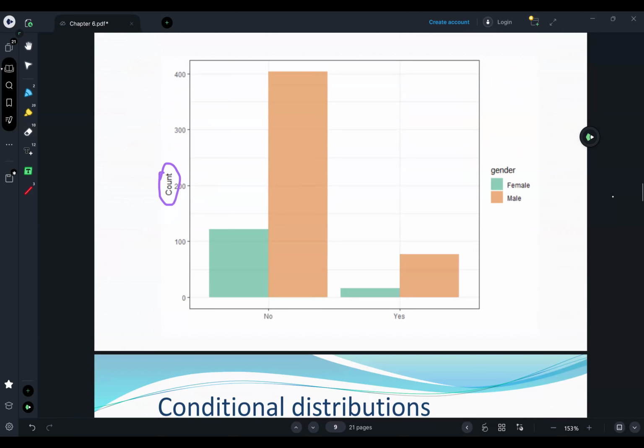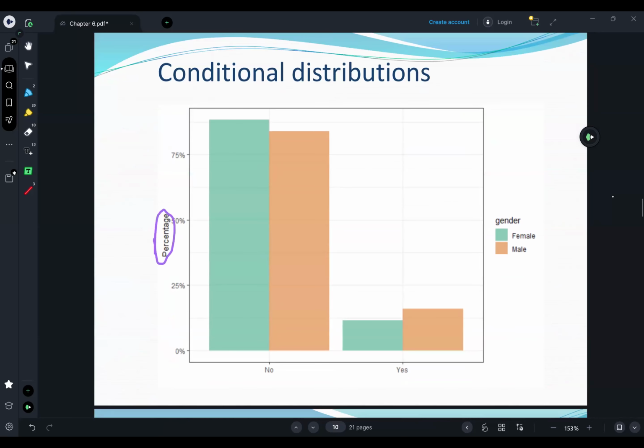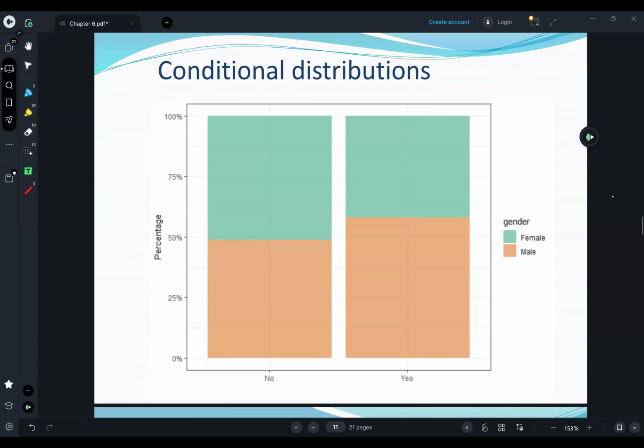The no's and the yeses look way higher for the male, but when you look at the percentage, it's not much different. It's closer in the percentages. And this is just another way to look at it too. We call it a stacked bar chart. You can see that the differences are very small when you look at it that way.